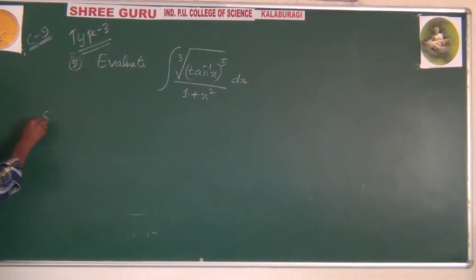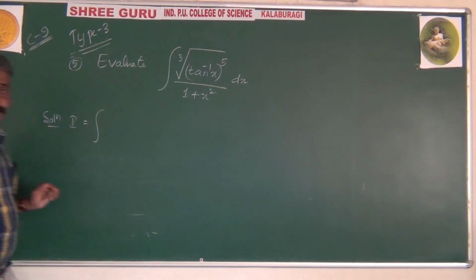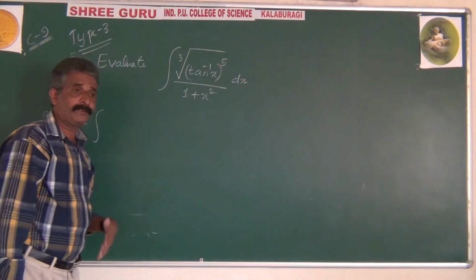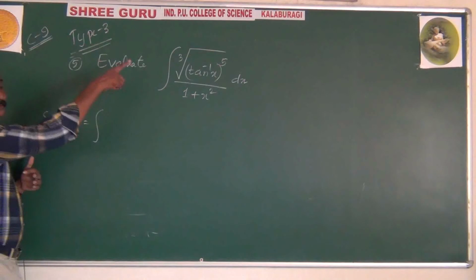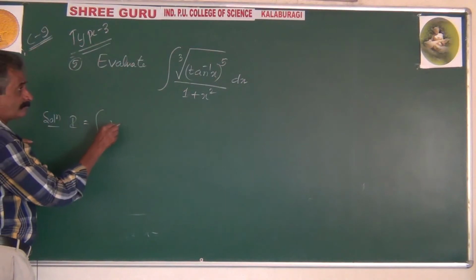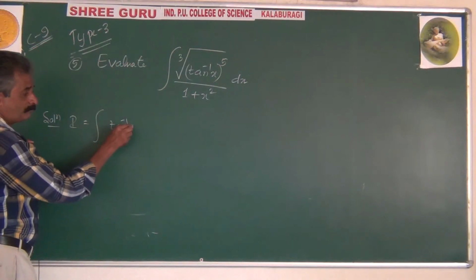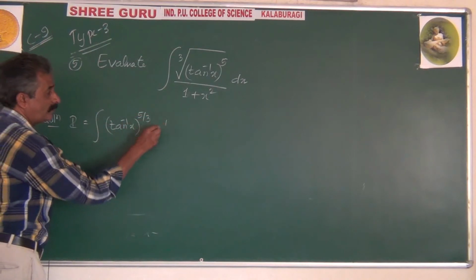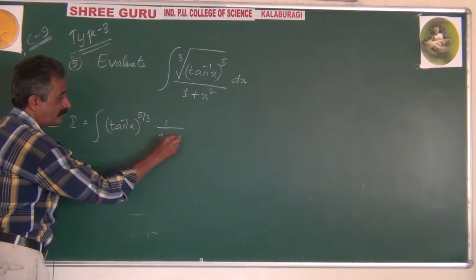Solution. Let I equal the integration. By laws of indices, the nth root of a means a power 1 by n. That means it becomes (tan inverse x) power 5 by 3 into 1 by 1 plus x square dx.